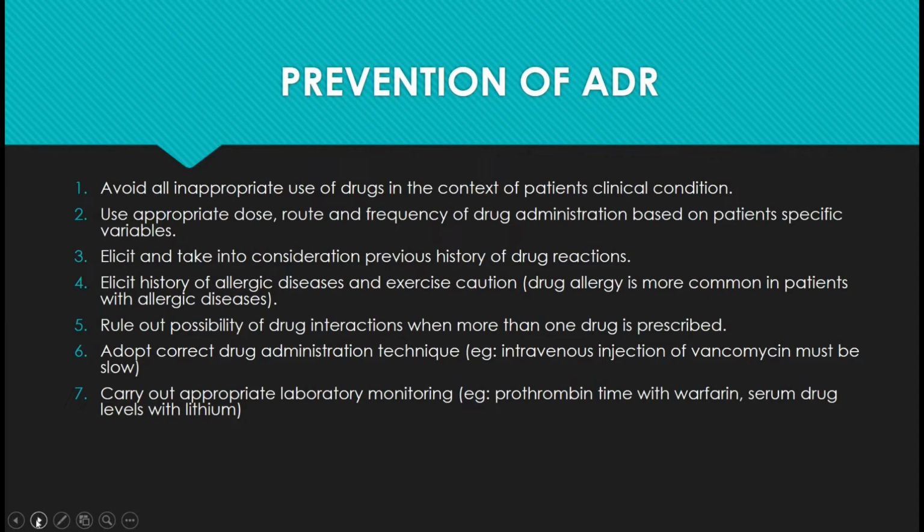Second, we should always follow the appropriate dose, route and frequency of the drug taken. Why? Because the drugs being taken by us should show their maximum therapeutic efficacy. If we are using an improper route, such as insulin, which is best given by injection, and if we take insulin orally, the effect will not be that effective.